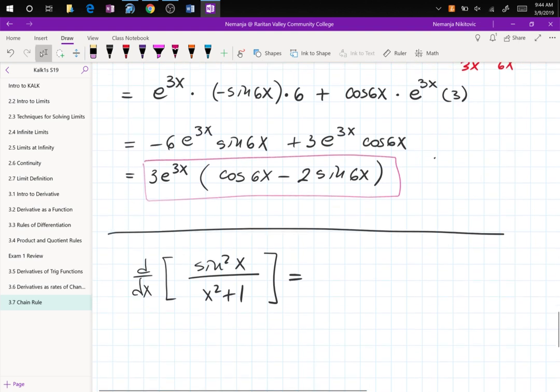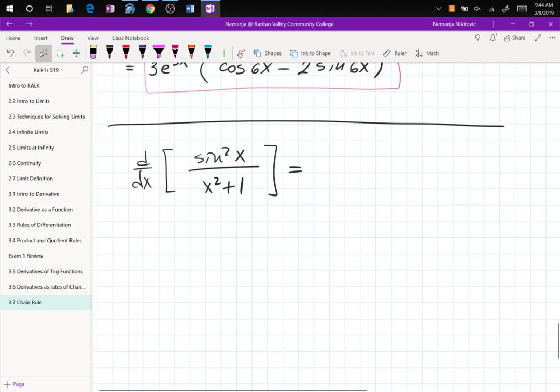So you're supposed to do quotient rule and then the chain rule within. Let's see.